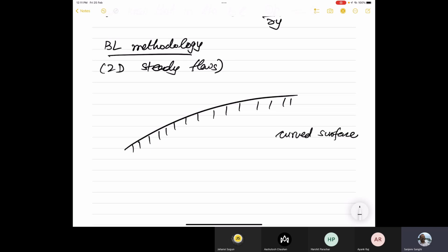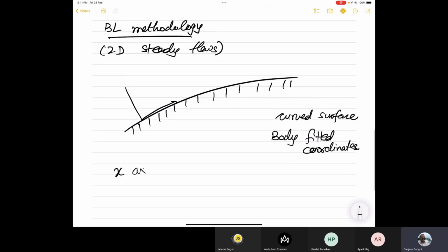And what we do is we define body fitted coordinate. So x-axis is along the body, or is along the surface.